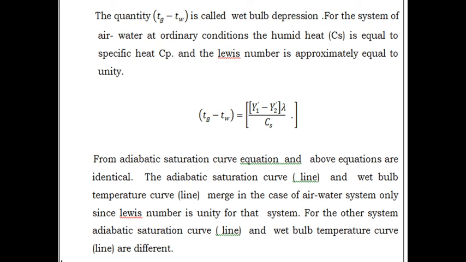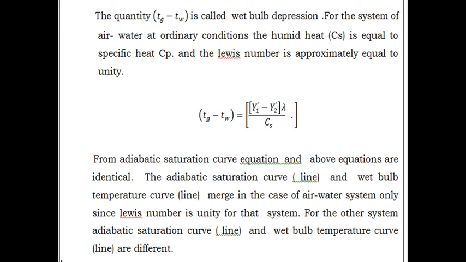From the adiabatic saturation curve equation, the above equations are identical. So the adiabatic saturation curve and wet bulb temperature curve merge in the case of the air-water system only, since the Lewis number is unity for that system. If we have any other system, the adiabatic saturation curve and wet bulb temperature curves are different.